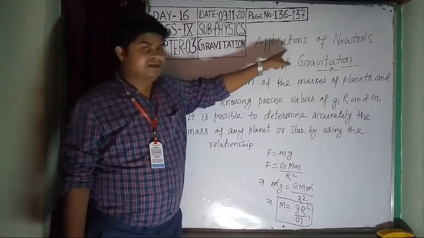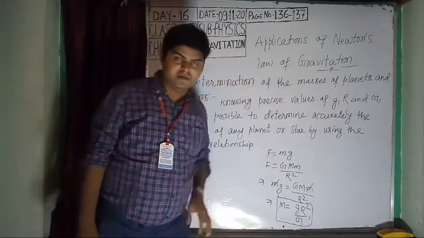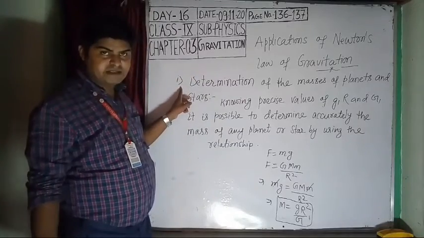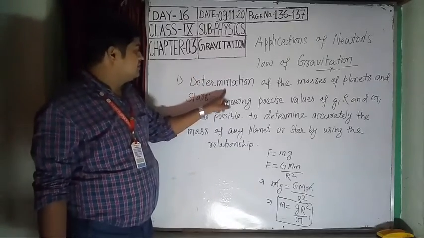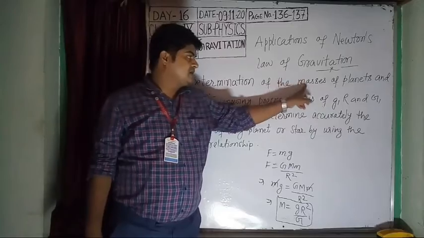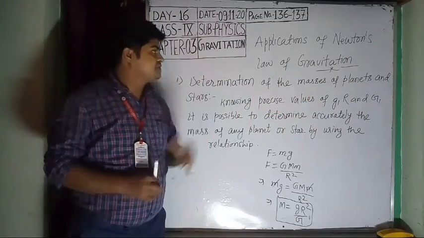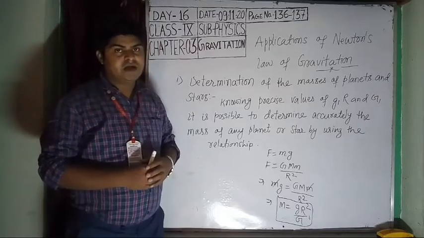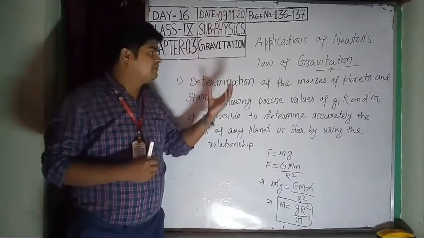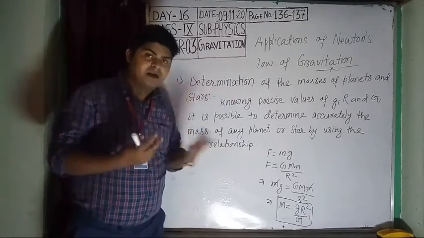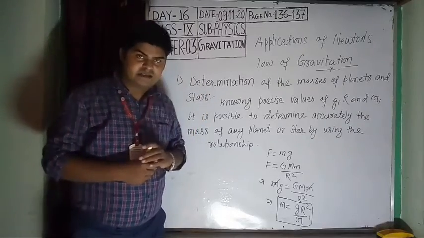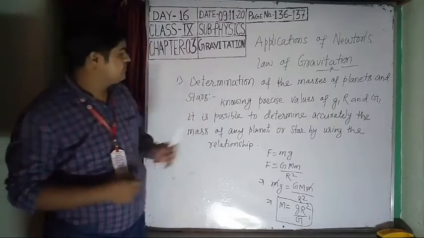The first application is determination of the masses of planets and stars. That means we will use Newton's law of gravitation to find out the masses of any planets and stars. How is it possible? Let us see.